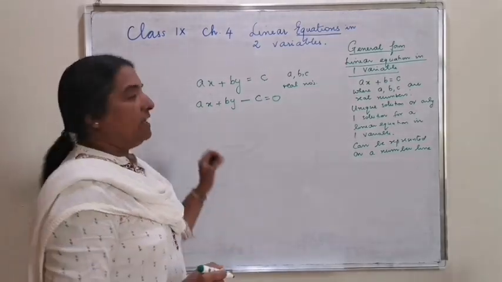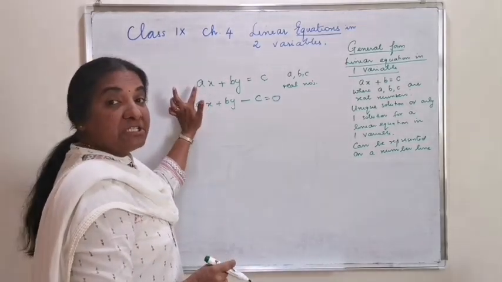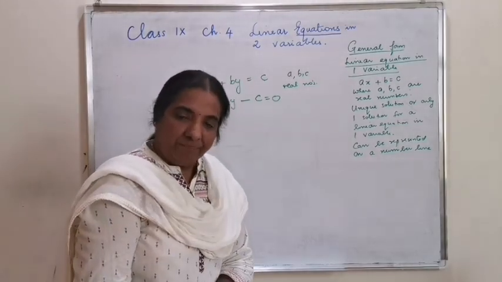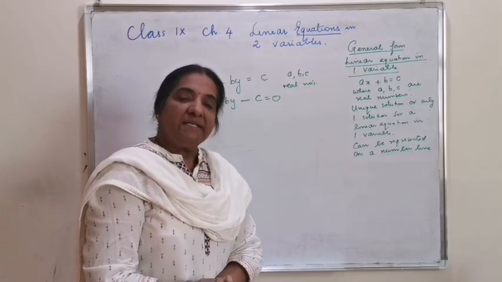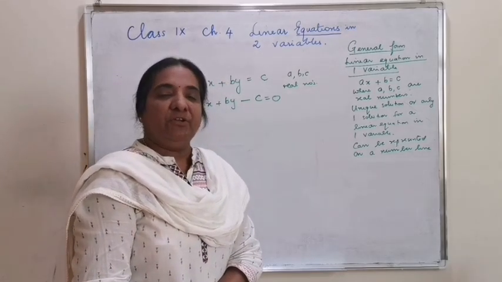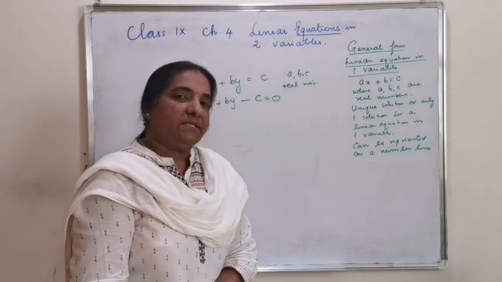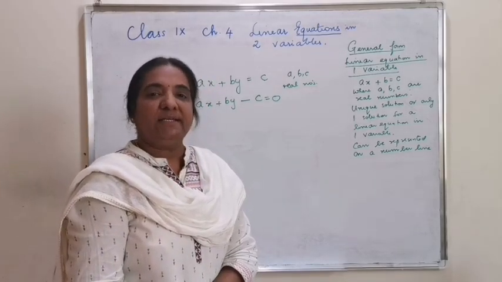The general form will always have the terms a, b, c with a positive notation. When you rewrite the equations, or when you are asked to write the coefficients of x, y and the constant, you should arrange with the sign.